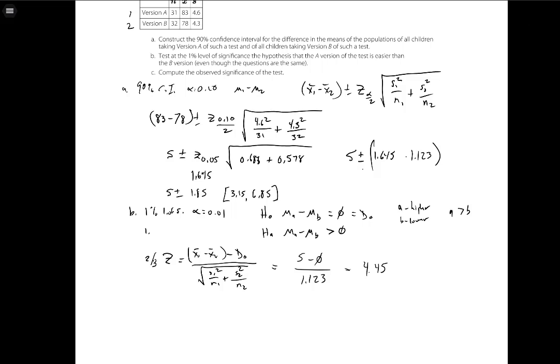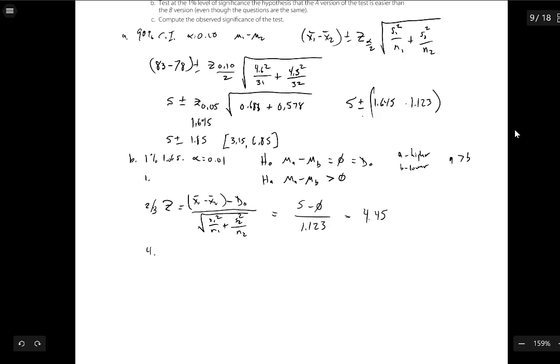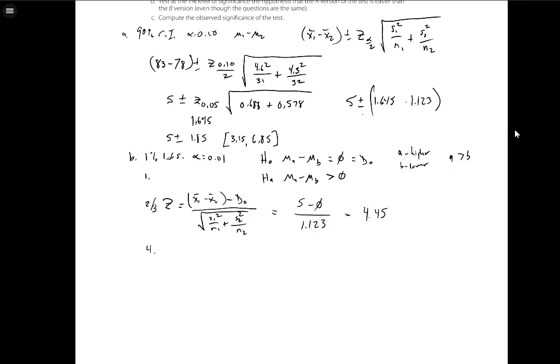Step 4 then is calculating the critical value, our rejection region for this problem at our level of significance. So we're going to do a z at 0.01.